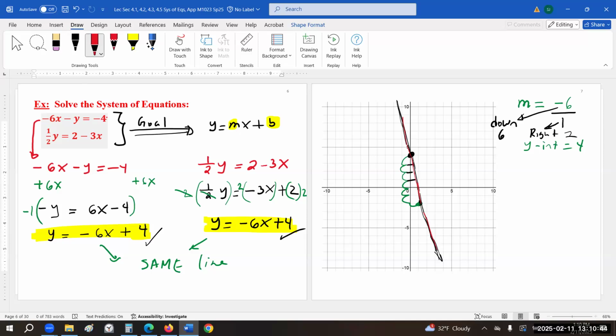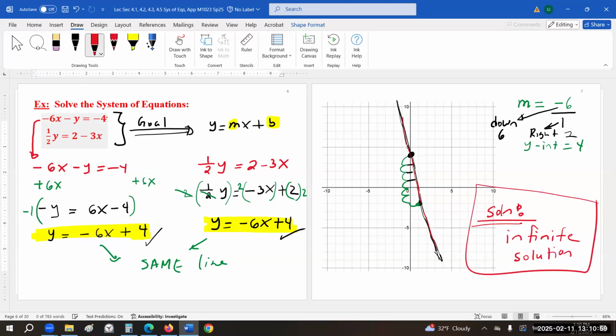Infinitely many times. So the answer is infinite solution. So same line, infinite solution.